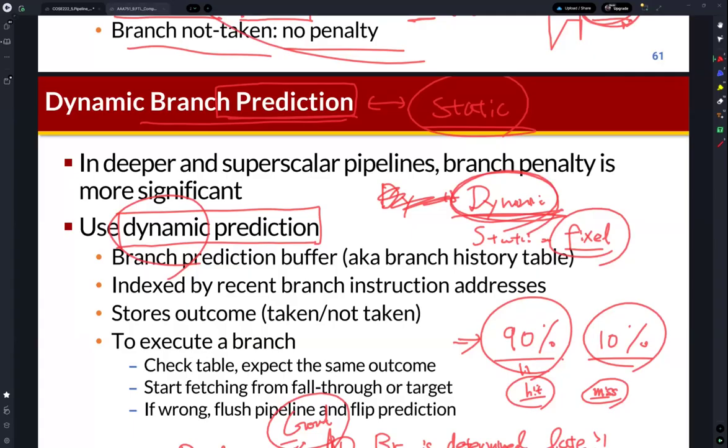Dynamic means that at runtime the CPU monitors the result of branch instructions, and by analyzing this history of branch instructions, the CPU predicts the result of a branch instruction at runtime. So this is the meaning of dynamic. We will learn about dynamic branch prediction and how it works.